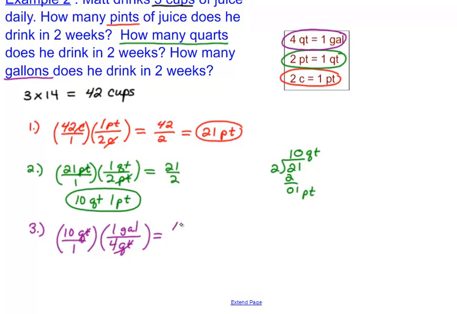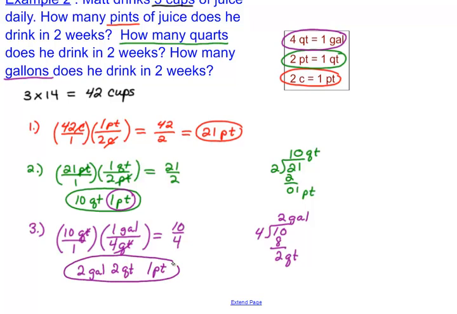Top times the top, so I have 10 over 4. Once again, I have another division problem. So that's a 2 and that's an 8. So what this means is I have 2 gallons on the top, but I have 2 quarts left over. So I have 2 gallons, 2 quarts. Now don't forget we still have that pint that we didn't deal with yet. 1 pint. And that's how you do your conversion problem.